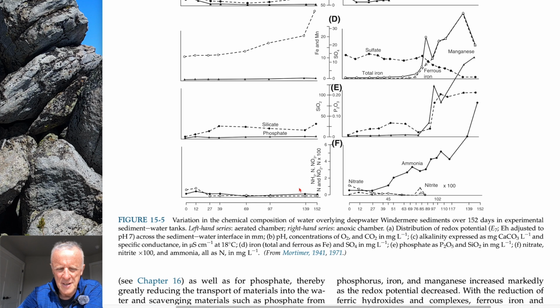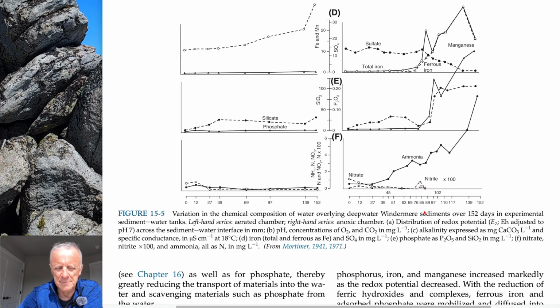And then nitrogen, pretty close to zero. All nitrogen species. Here ammonia increases significantly, while the other ones don't really change much, except for maybe a little bit of a nitrate peak here at the day between 76 and 89.